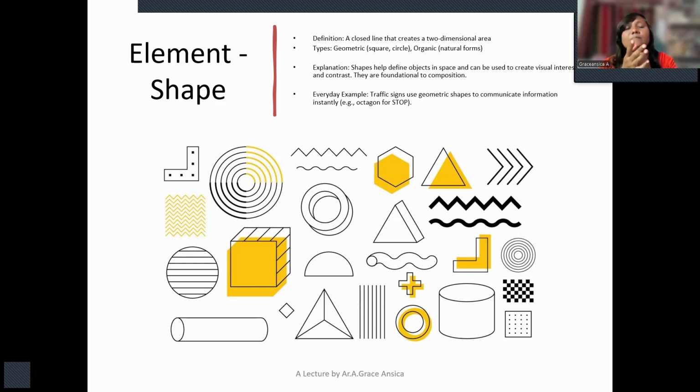I cannot find it. Although you have multiple ways to find it, there's no direct formula to find the area of that one. So that becomes a natural form or organic form. Okay, so that's the difference. You have geometric forms which are rigid, and the ones with which you can understand the dimension and area of it. The other one is organic in nature, which means it is present in nature.